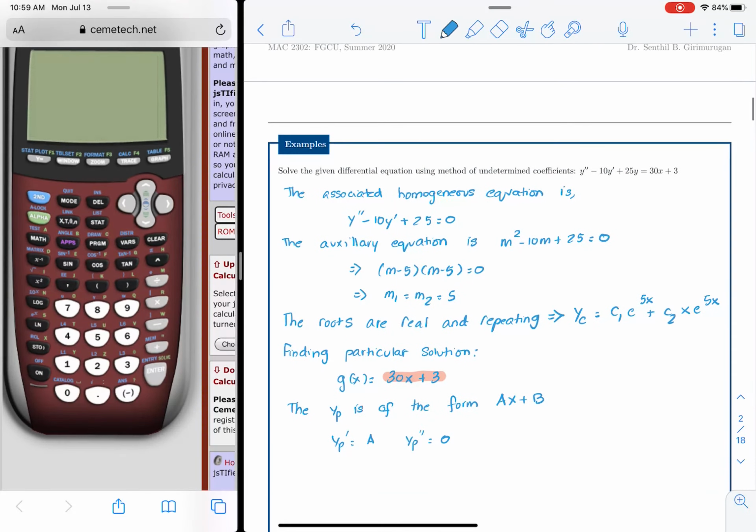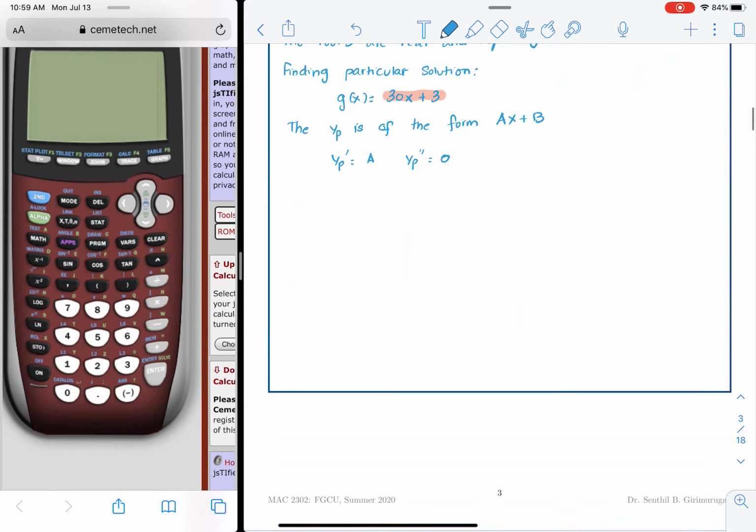And the equation that we have, so plug in yp, yp prime, and yp double prime in the given DE, which is y double prime minus 10y prime plus 25y equals 30x plus 3.